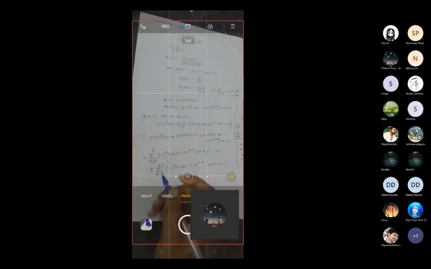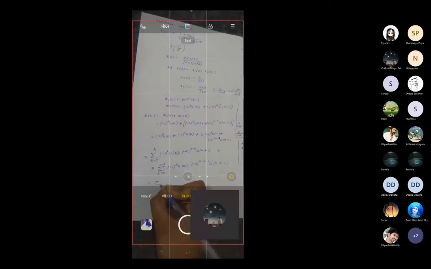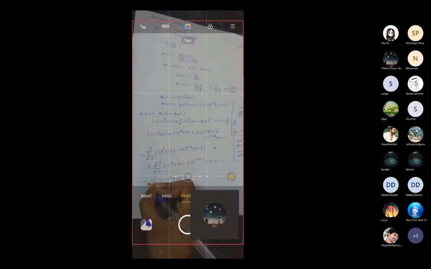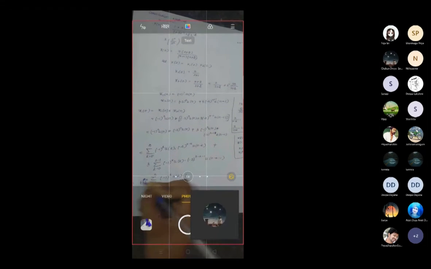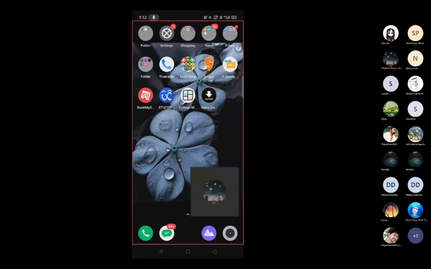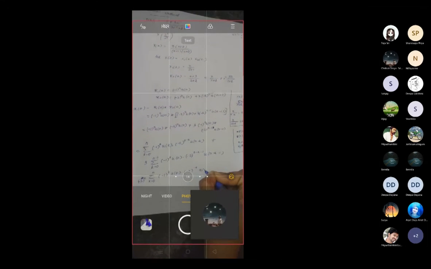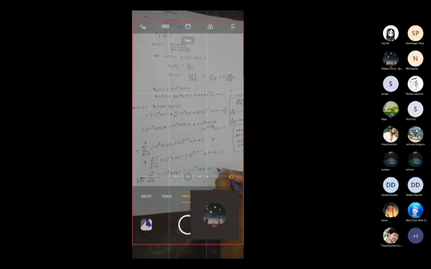So summation k equal to 0 to n minus 1, (-1)^k u[k], taking (-2)^n outside, into (-2)^(-k) u[n-k], plus.